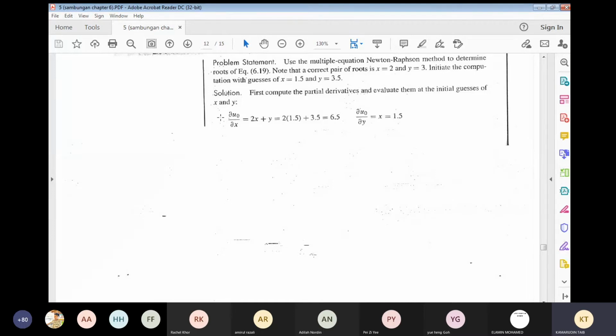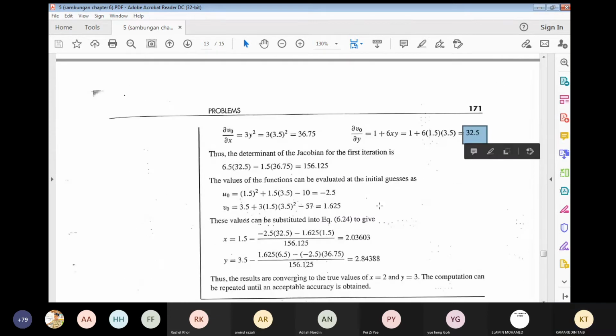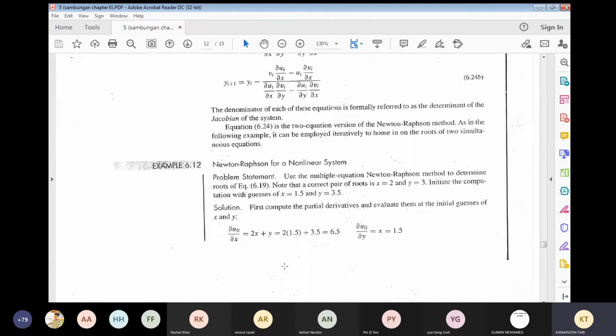That's why u naught refers to the initial value. You substitute the initial value after taking the derivative and you get single numbers: 6.5, 1.5, 36.75, 32.5. Then you substitute here.